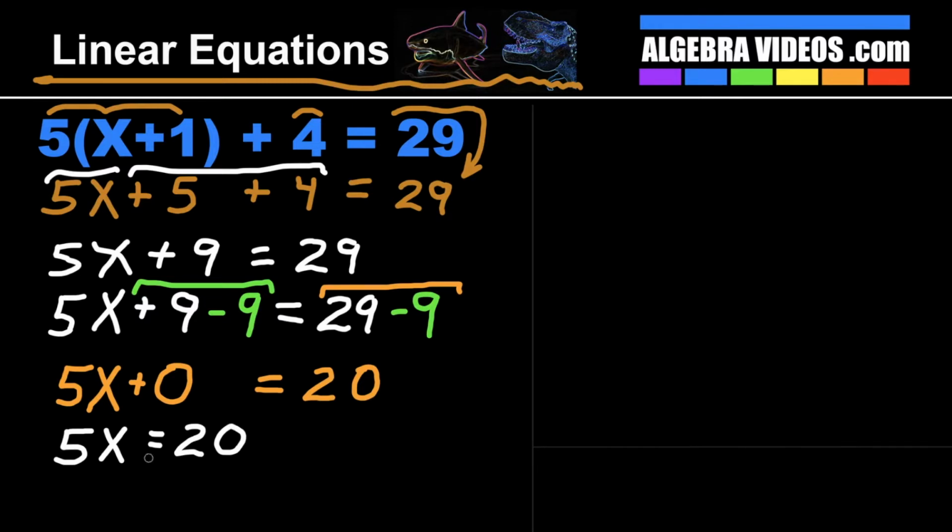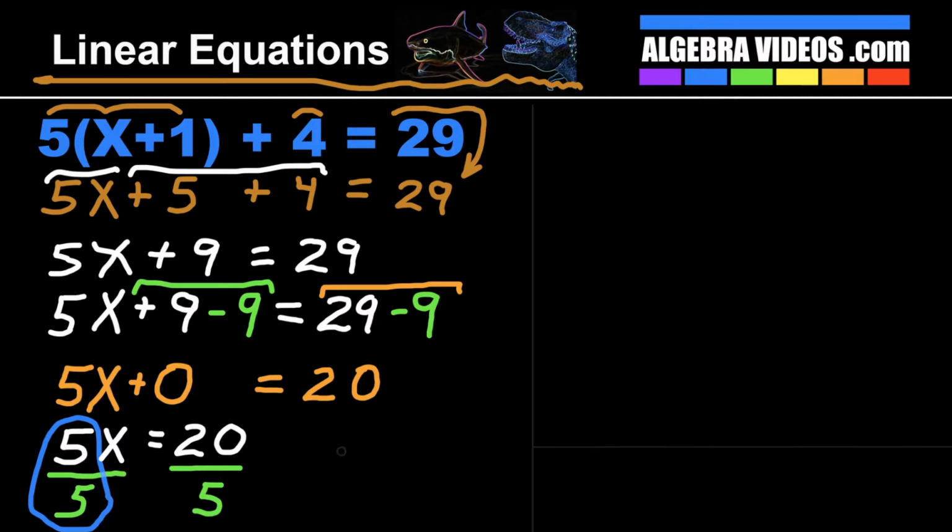We're almost there. Now how do we get rid of 5? This 5. So what I'm going to do is I'm going to divide both sides of the equation by anything I feel like. And I feel like dividing both sides by 5. And the reason is I know that when I do that, this 5x divided by 5 is going to simplify because this 5 divided by 5 is 1.